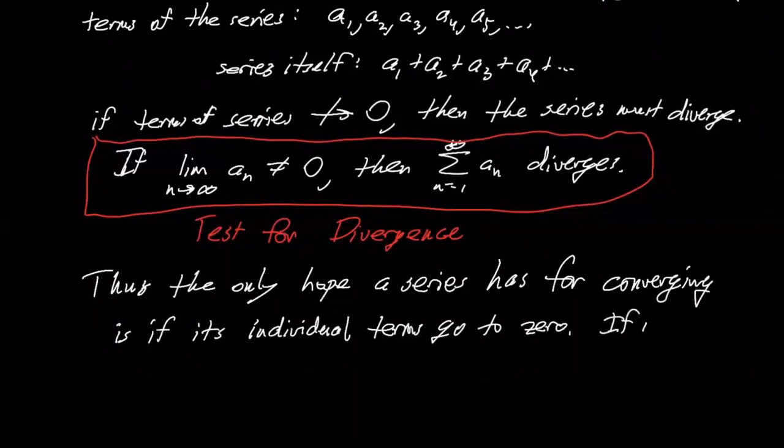If not, we're done. And so that's the first thing. This is the first thing you should check anytime you see an infinite series, because you might just be done. You might be able to say instantly, oh, this diverges, the terms aren't going to 0.